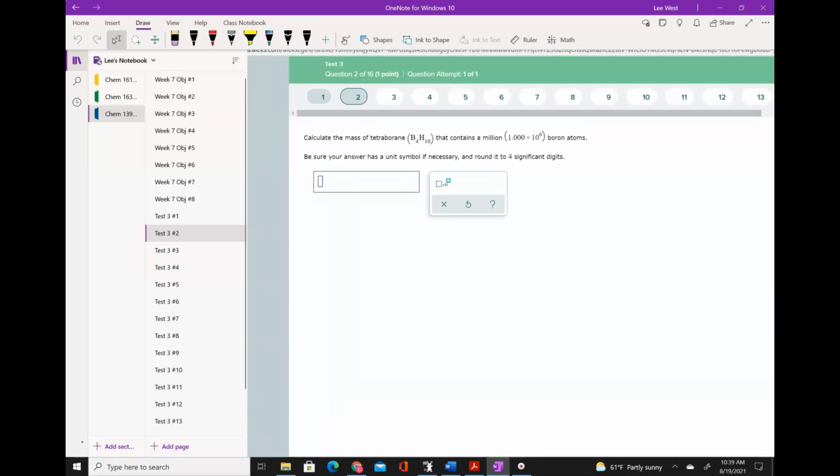Okay, so this looks like we're doing a unit conversion here. It says calculate the mass of tetraborane that contains 1,000,000 boron atoms. So we've got two things to do.